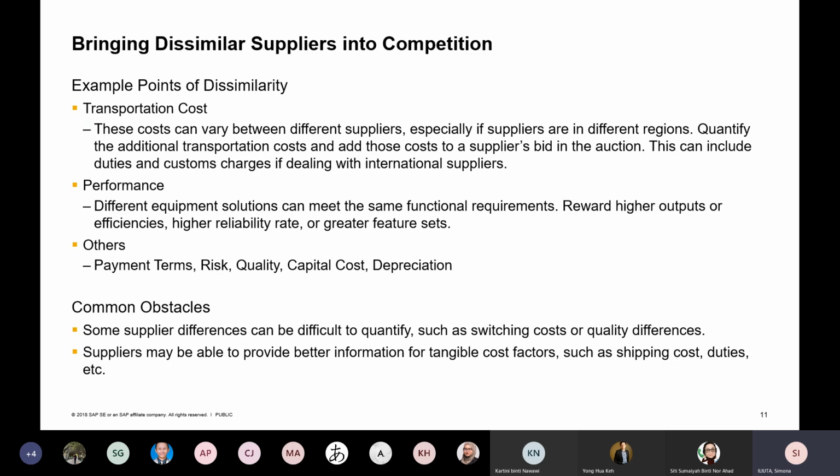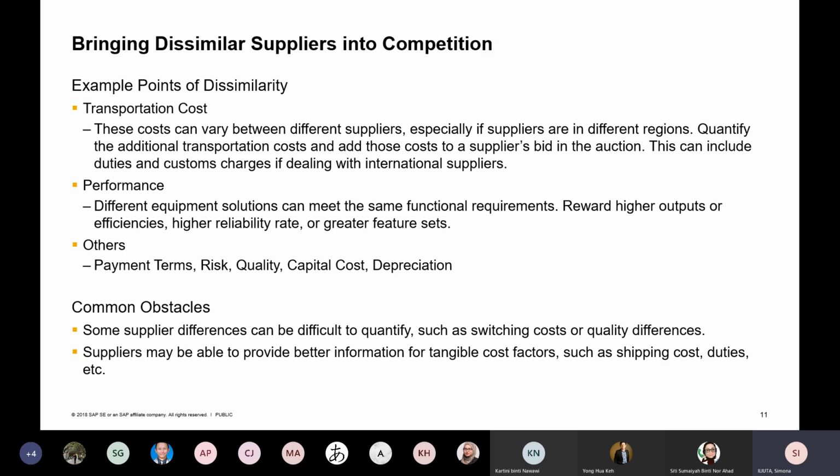So transportation cost is very common, but the most common factor used by customers is the performance. And the performance corresponds to the scoring, to the evaluation that a buyer does in the RFP. So you score the suppliers and you rank them in terms of the quality, in terms of the performance, of the technical performance of the requirement you want them to respond to.